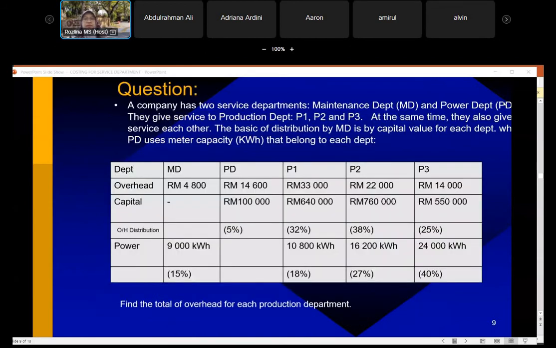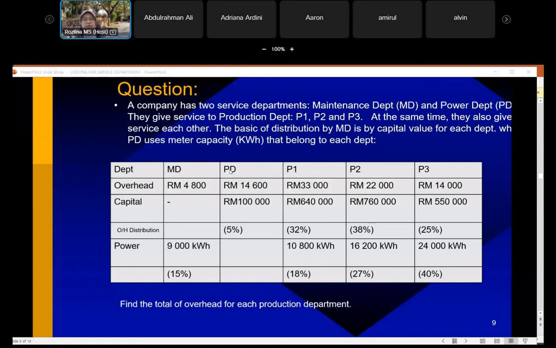For example, a company has two service departments: maintenance department, MD, and power department, PD. They give service to production departments P1, P2, and P3. At the same time, they also give service to each other.